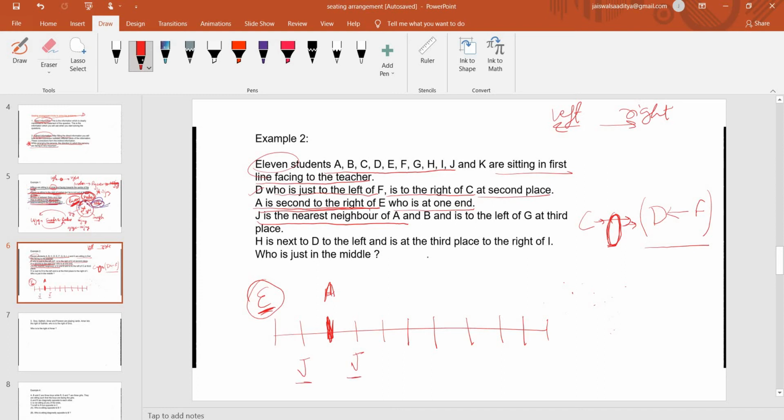Okay, we have two places for J. See, it's written, nearest neighbor of A and B. So if J is here, then it is not fulfilling the condition of being neighbor of A and B. So this is also not possible. So J is going to be here only and this is B. Why? Because it's written that J is the nearest neighbor of A and B.